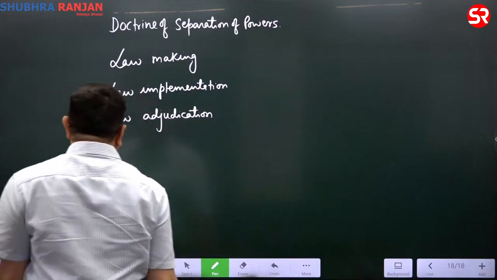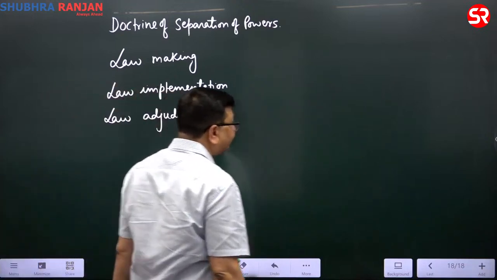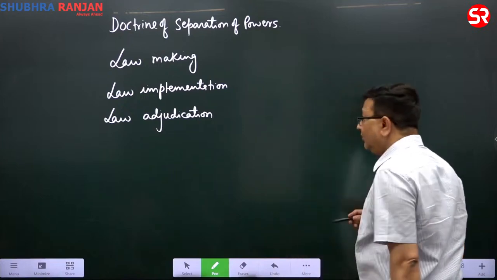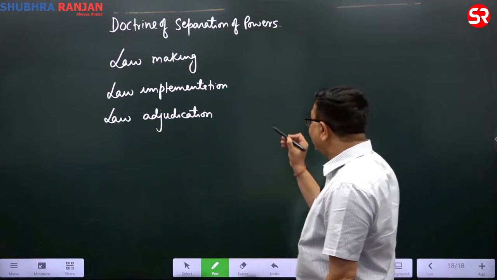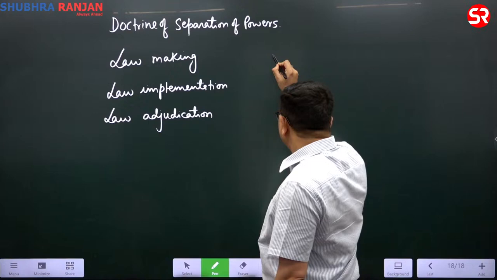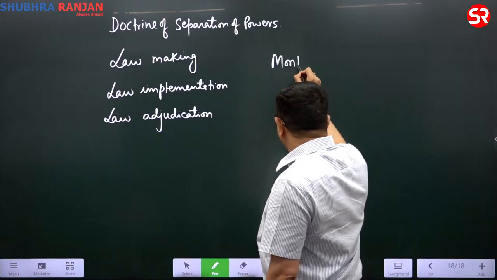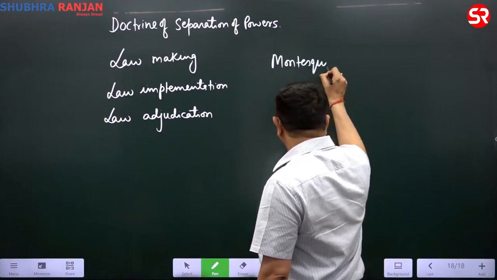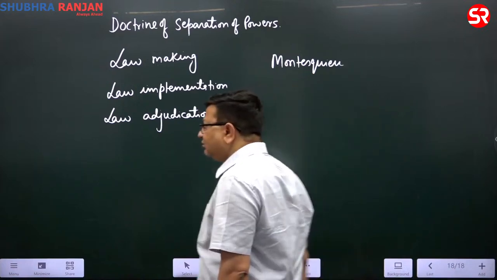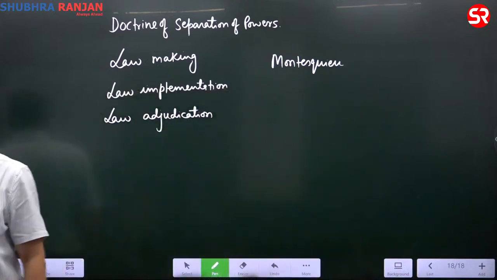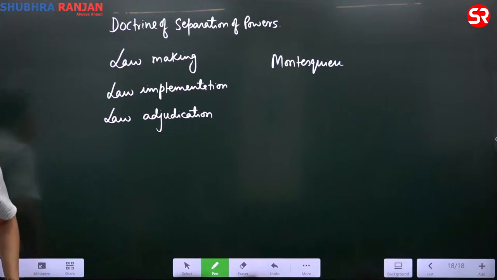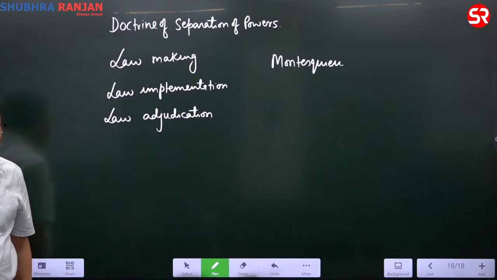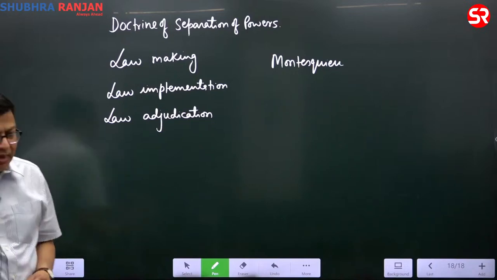The doctrine of separation of powers was propounded by the French philosopher Montesquieu.